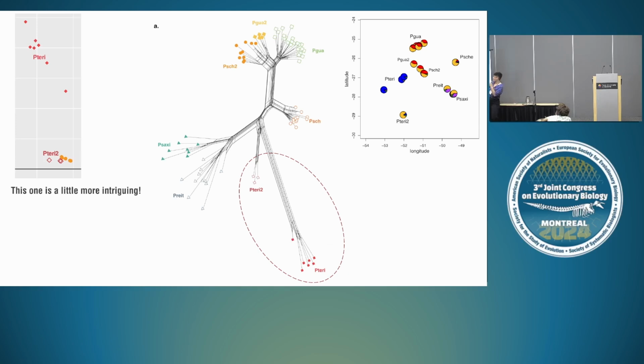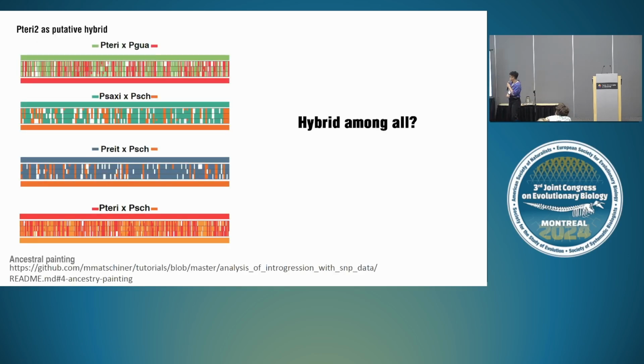So, okay, maybe this one is a hybrid, or there's some introgression between the other ones, and that's why they're closer here. I tested this with ancestry painting and other analyses, but this one I think was the most fun to see, that they could be hybrids among all the other species.